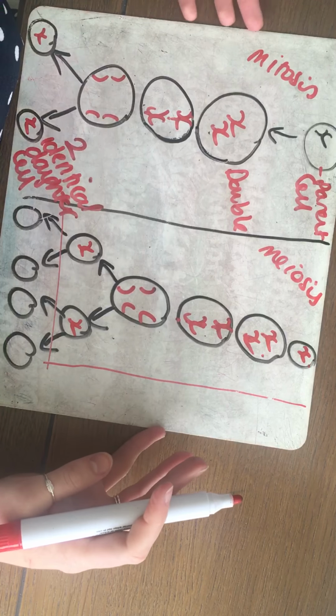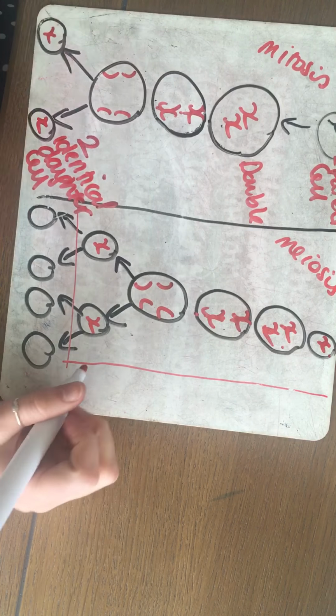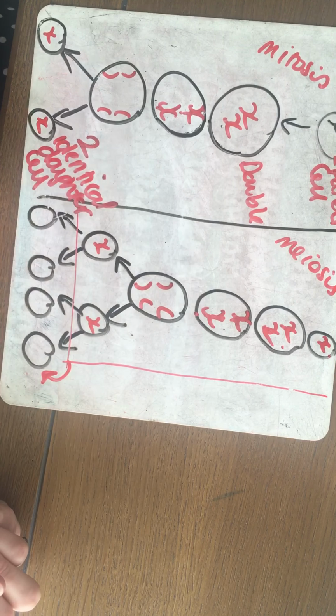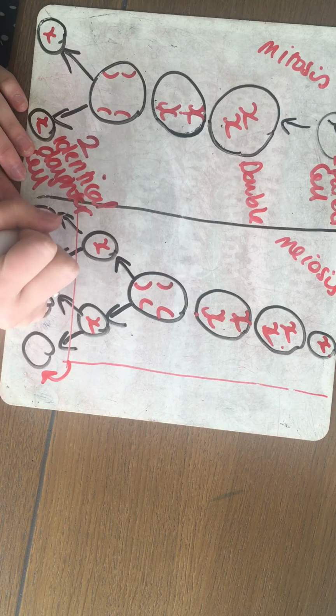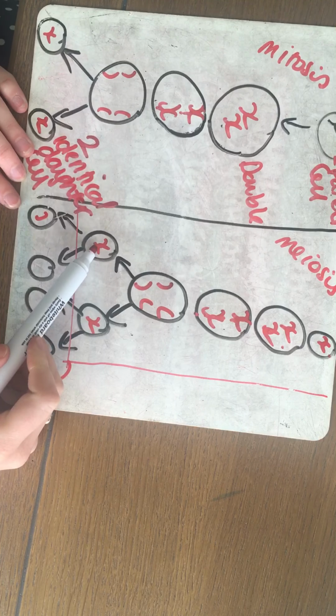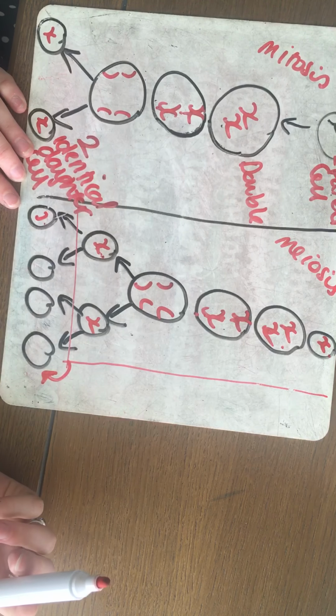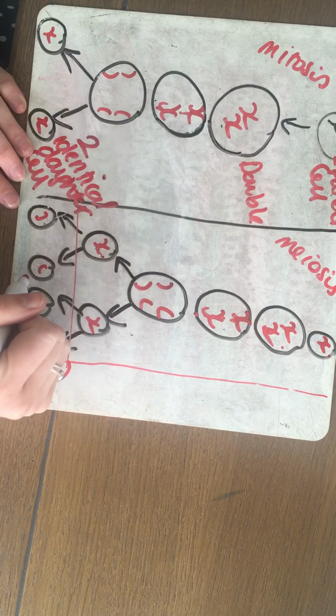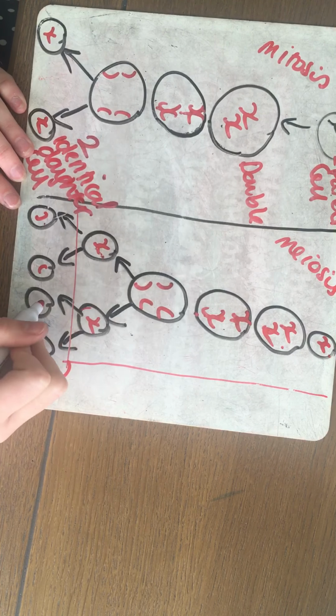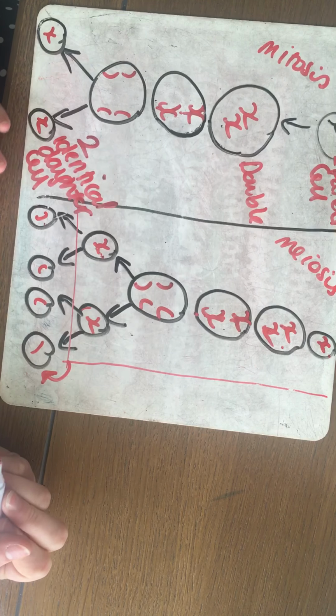Now this is where meiosis is important, because it doesn't stop there for meiosis. We've got this extra stage, this extra division of cells. So half of the genetic information from this cell will go into the first one. Half of the genetic information will go into the second, and half of the genetic information from this one will go into the third, and half into that one.